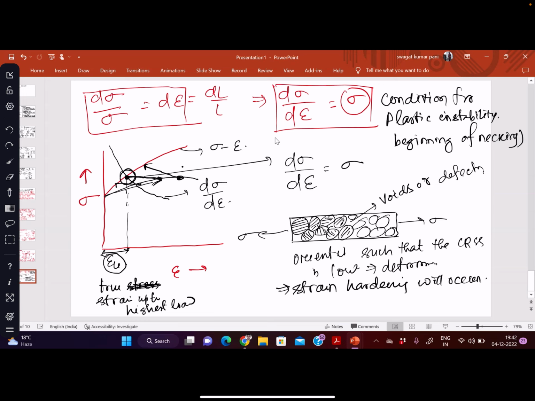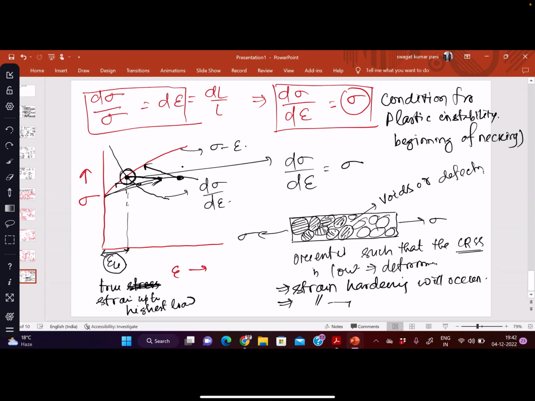Then again another weak point will be found, where maybe some void is there or some orientation is such that at a certain higher stress level the critical resolved shear stress will be sufficient to activate slip. So in those grains slip will start. Again, after certain deformation they will also strain harden.